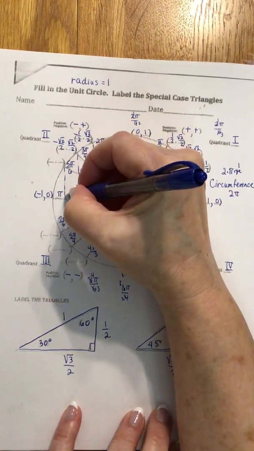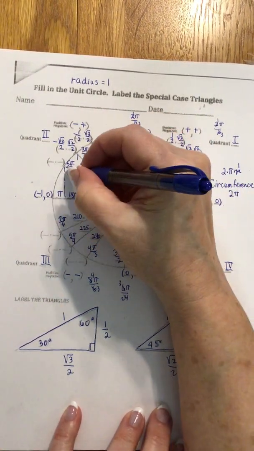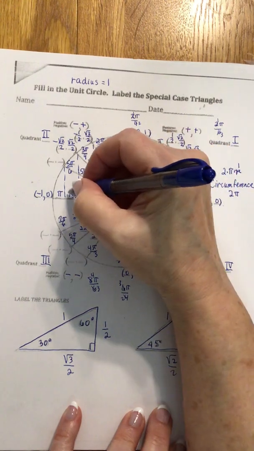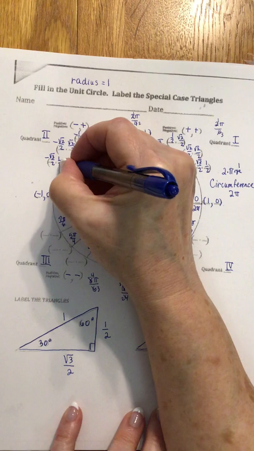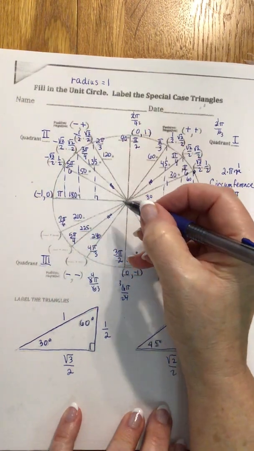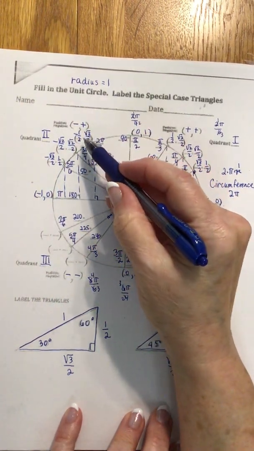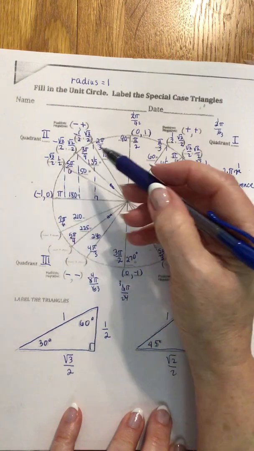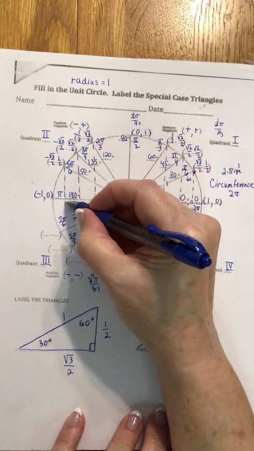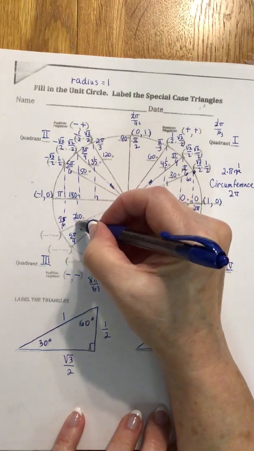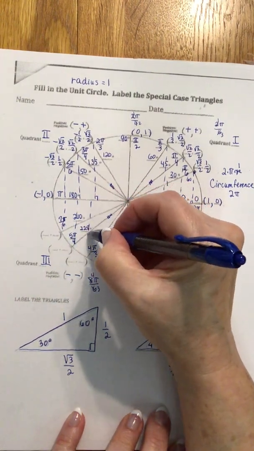Dropping this one, we have long side first and short side second. So out left would be a negative square root of 3 over 2, positive 1/2. So each one in here is negative, positive, negative, positive, negative, positive, because you're in quadrant 2. So you're going to continue that around, dropping the perpendiculars and telling me what it's going to be.